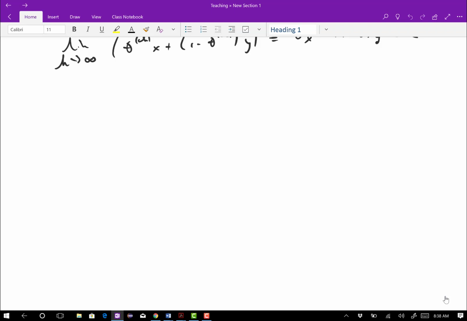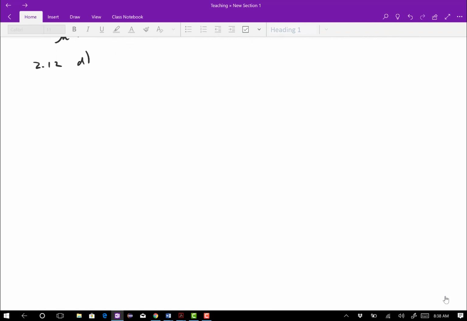Let's move down to number D. So this is 2.12D. And it says the set of points closer to a given point than a given set.